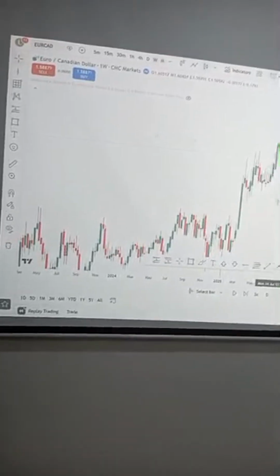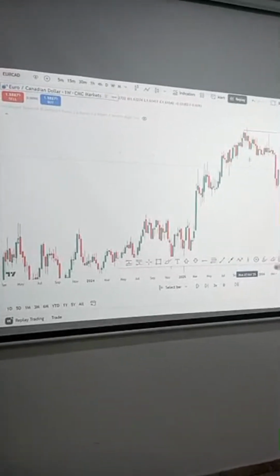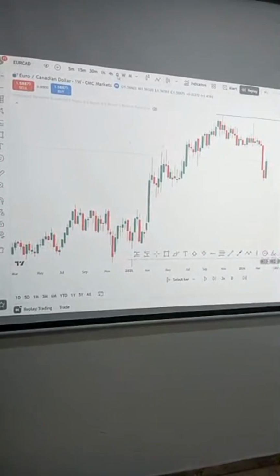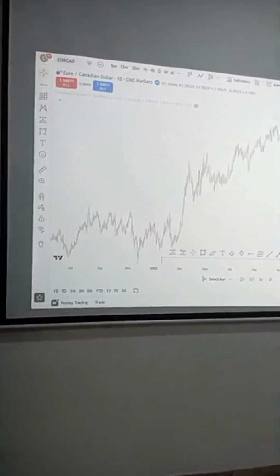So now, I can definitely see that the market has made this high over here, and then the market has been dropping ever since. Very good. So on a daily time frame, what am I trying to do?